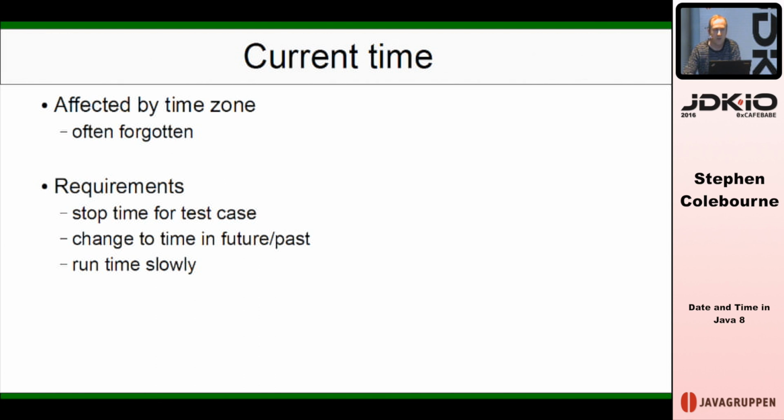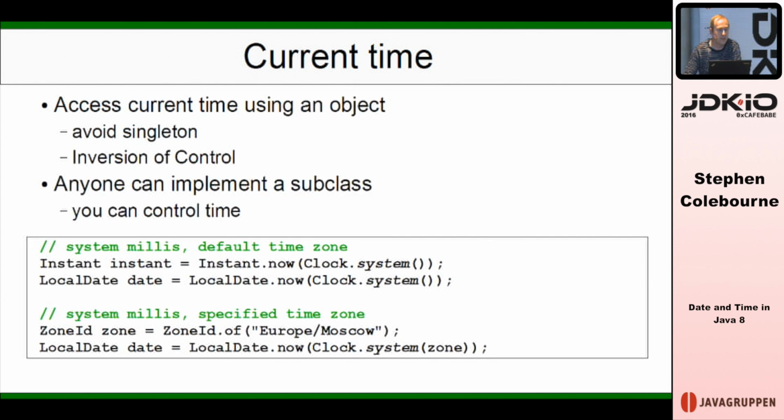The current time is, of course, affected by what your time zone is. So earlier on, we saw methods like local date.now, and that uses the local time zone to determine what now is. But there are other similar requirements to access the stop time for test cases, to change time more slowly, move it into the future or the past.